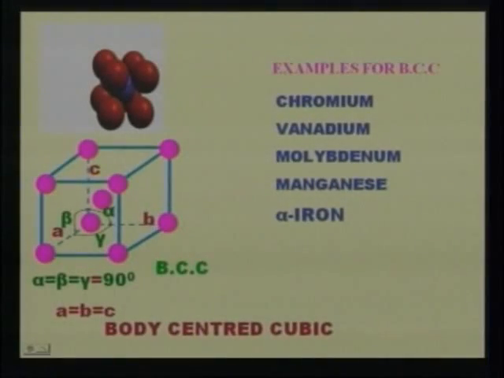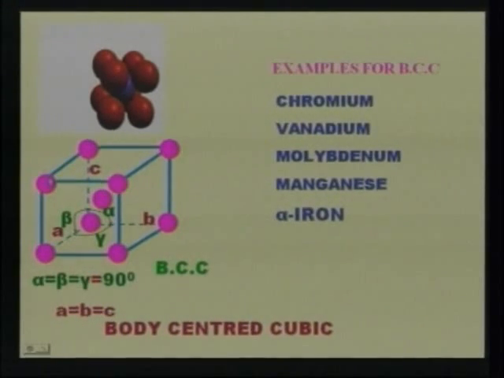Now let us discuss the important metallic structures. Those are body centered cubic structure, or we can also call it body centered cubic lattice. Now you can see the view. Here there are 4 atoms arranged at the corners. In the middle you can see a blue color atom which is arranged in the center of the body.